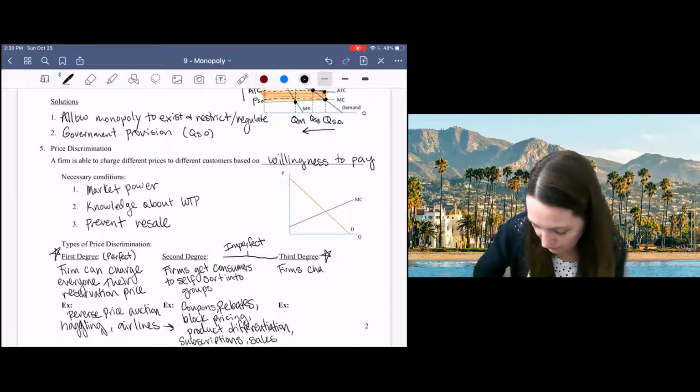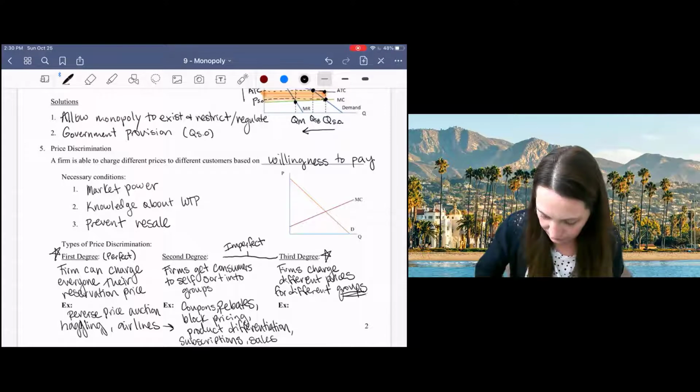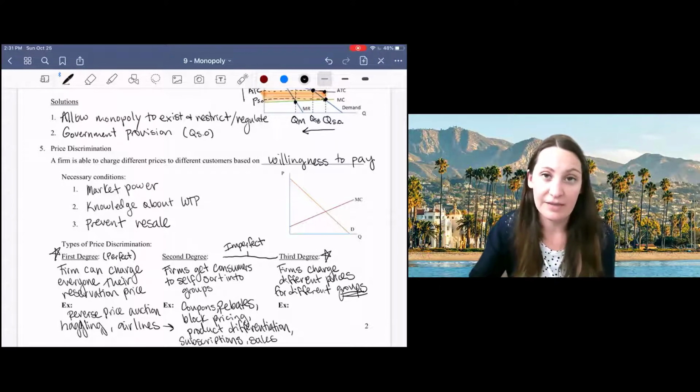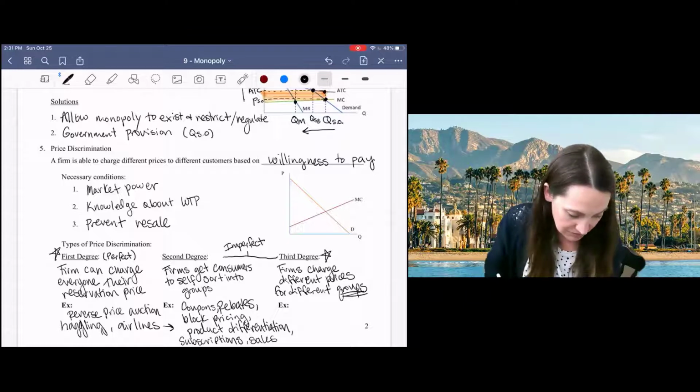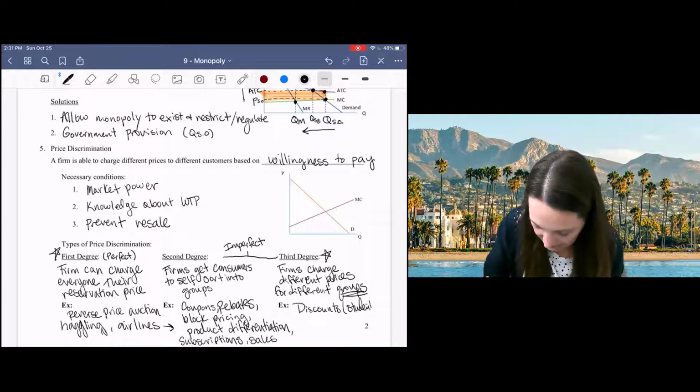So third degree price discrimination is where we get different prices for different groups based on some observable characteristic that we think is correlated with willingness to pay. So examples in real life are discounts to students, seniors, children.